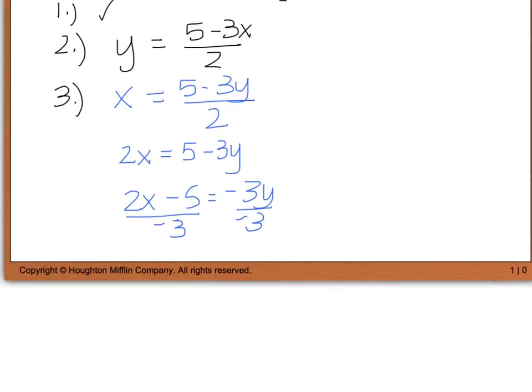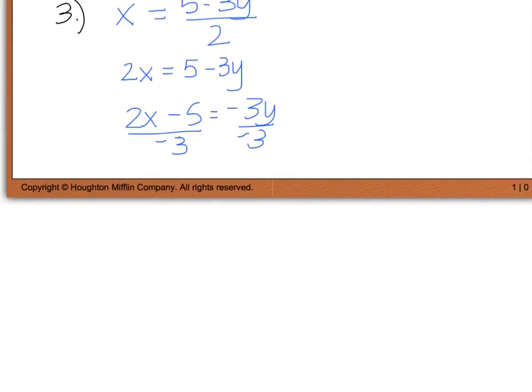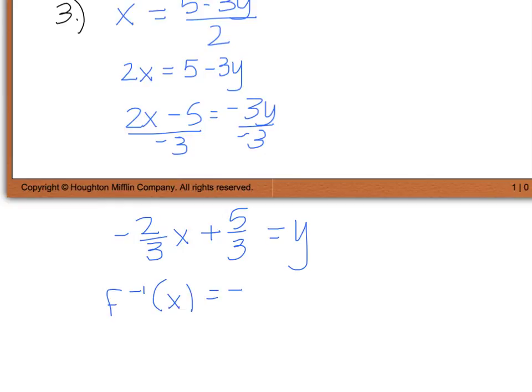When I do that, I end up with negative 2/3 x plus 5/3 equals y. And then my last step is to replace the y with the inverse of f of x and say the inverse is equal to negative 2/3 x plus 5/3.